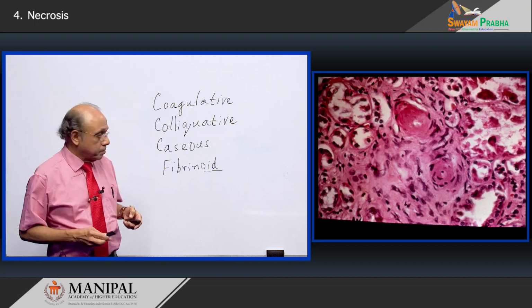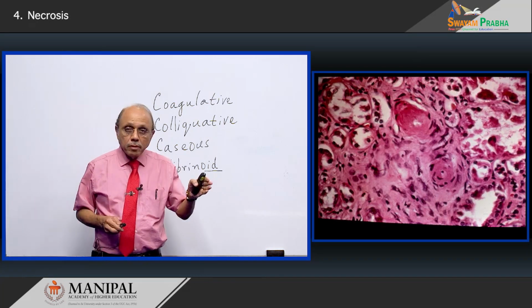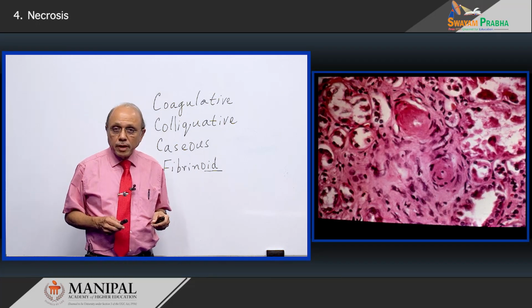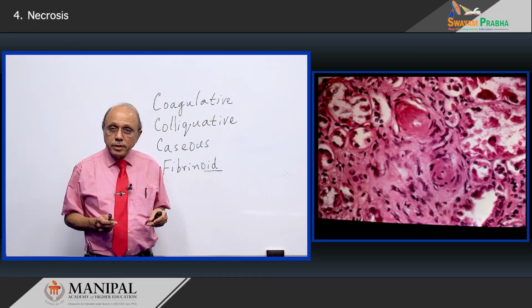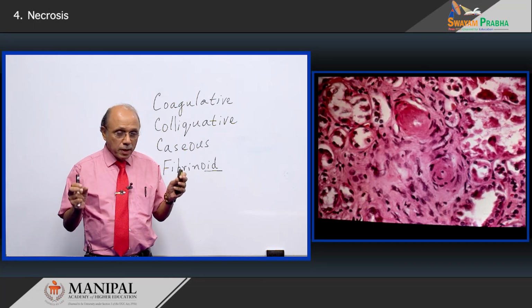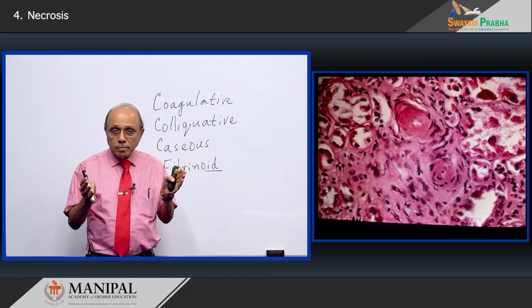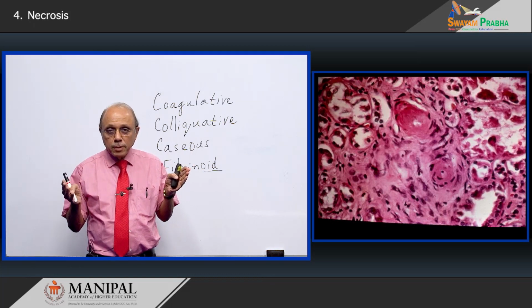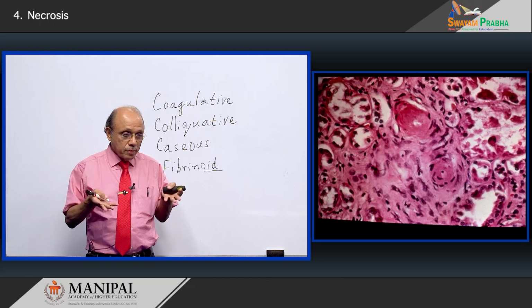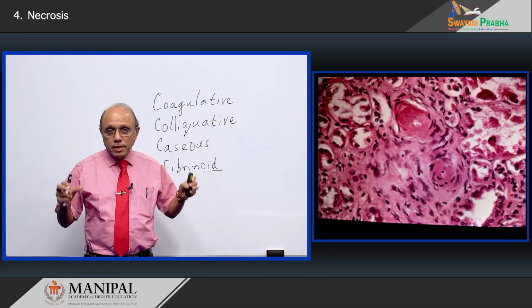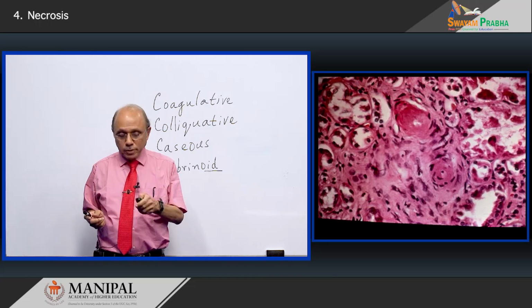Here is another picture to show you two vessels affected by fibrinoid necrosis, and these two blood vessels are thickened because of the pink material that has accumulated, and in the center you see a little bit of the lumen. There is considerable narrowing of the lumen.